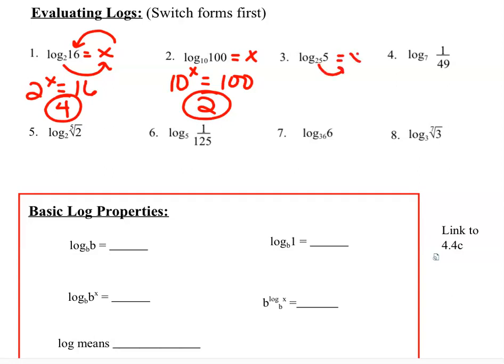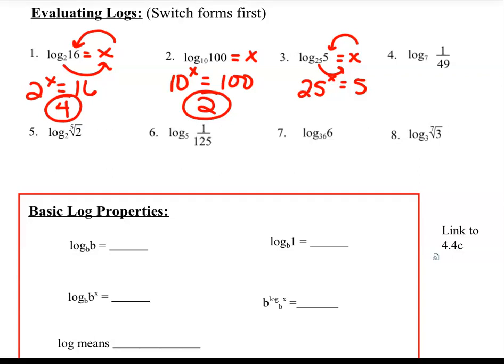25 to some power gets us a 5. Now that one might seem backwards. What do we have to do to a 25 to get it to be a 5? Just in general. Don't tell me a number, but in general, what are we doing to 25 to turn it into a 5? We're square rooting it, right?